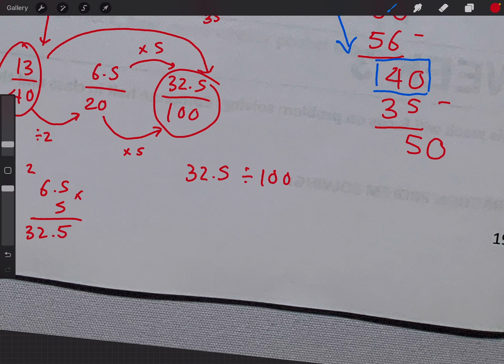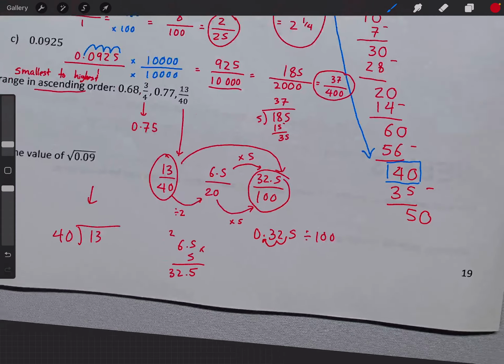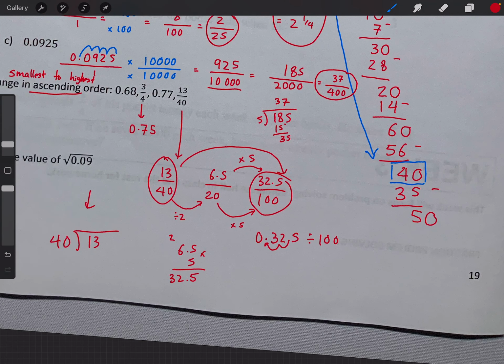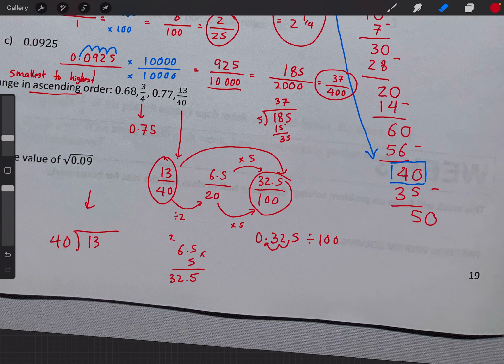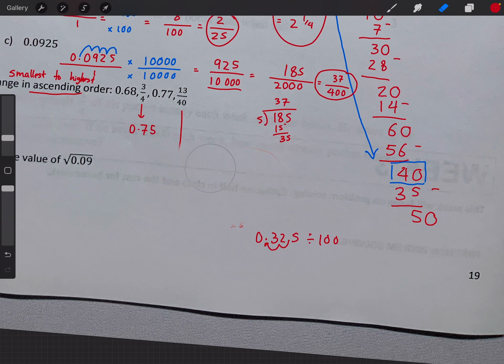If you divide by 100, the decimal place is going to jump 2 spaces back to the left, and it's going to be 0.325. Let's just rub some of this stuff out. So this is going to equal 0.325. And there's your answer there.